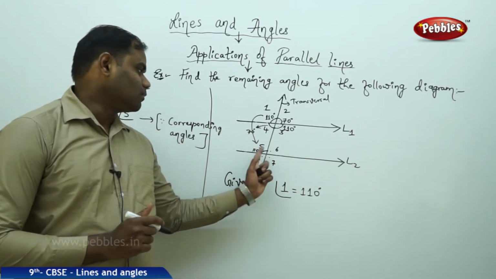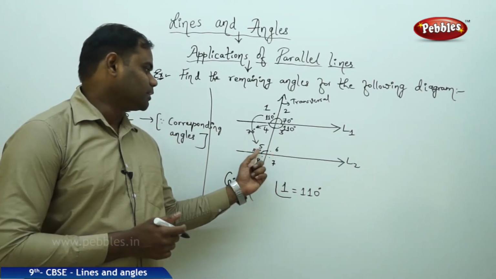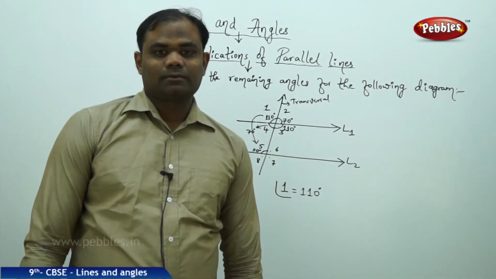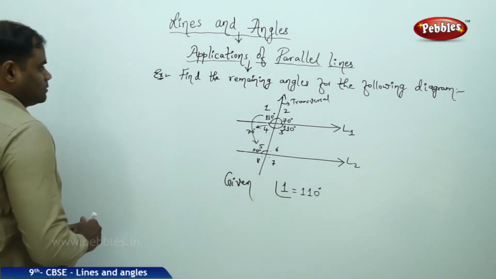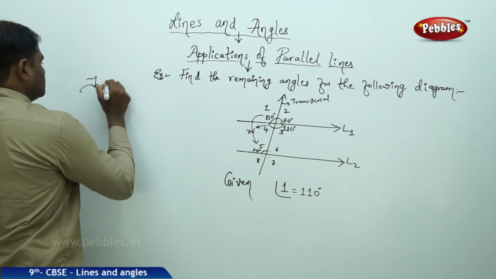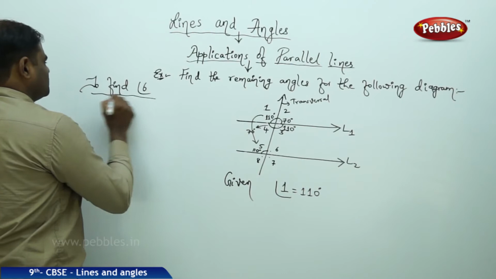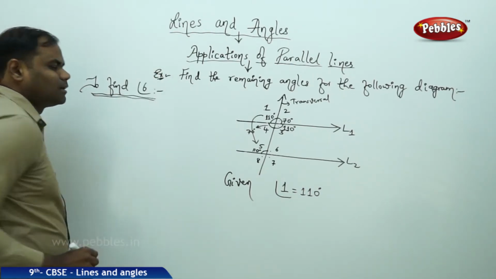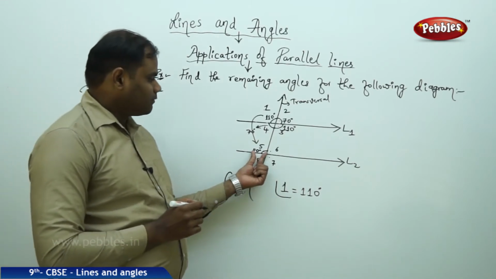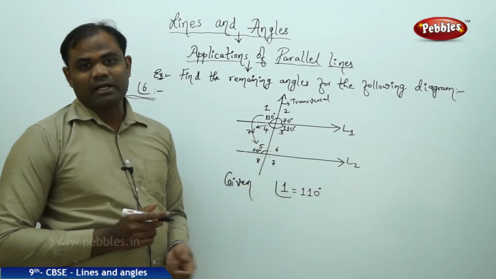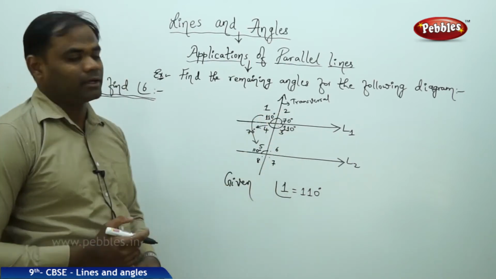Next, let's see how we can find angle 6. The next question is about finding angle 6. Angle 6 is what we're going to find next. To find angle 6, now clearly I can see that angle 5 and angle 6 form a straight line angle, just like angle 1 and angle 2 which form a straight line angle.